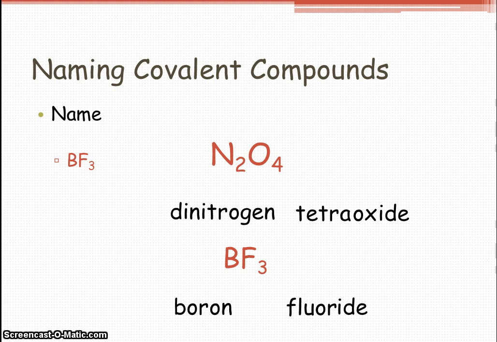Boron, you could put monoboron. However, this is the circumstance where we said we don't have to put the mono on the first element, or the cation. Okay, that's the only case. Now, because there are 3 fluorines, it should become trifluoride. So the name is boron trifluoride.